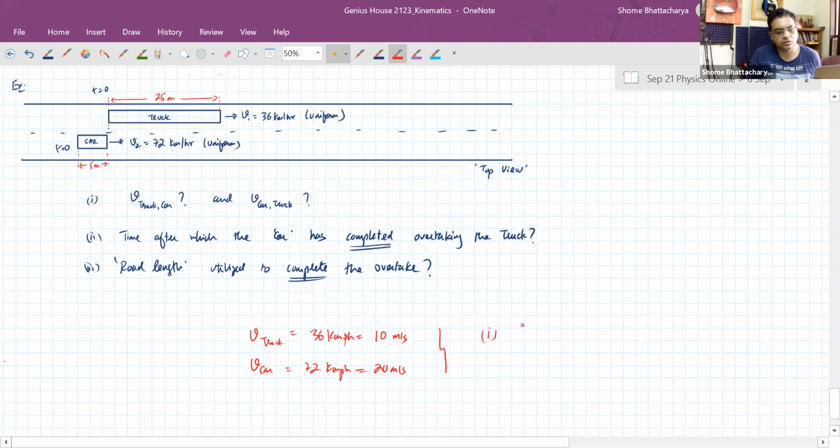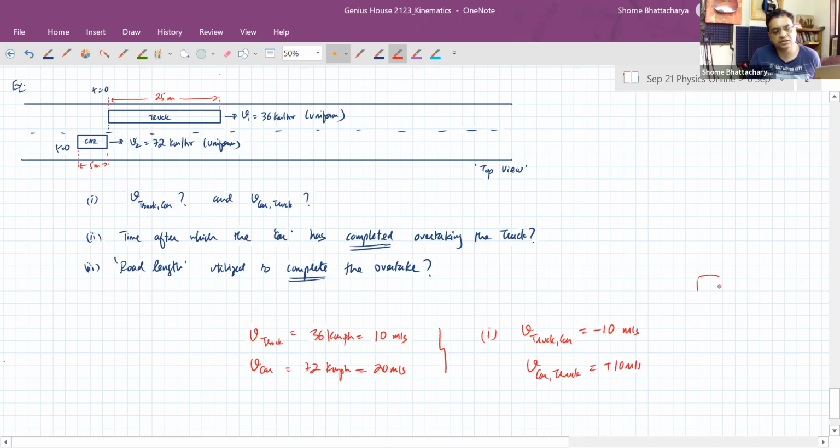So the velocity of the truck as seen from the car's frame is minus 10, and the velocity of the car as seen from the truck's frame is plus 10.